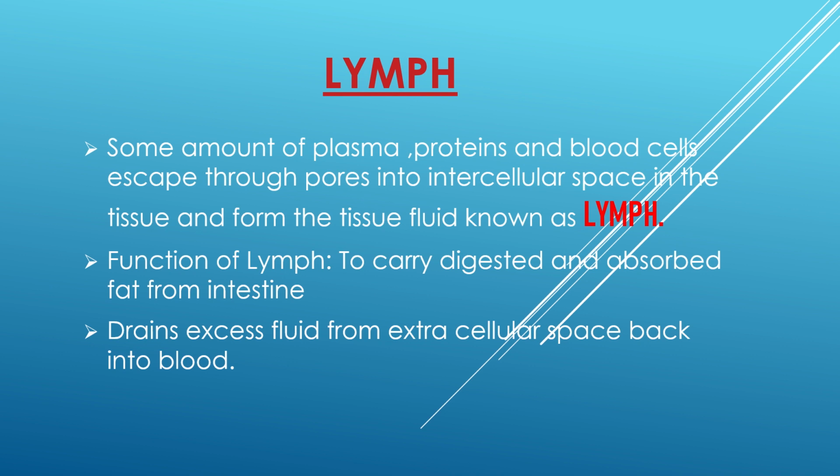Now the next is lymph. What is lymph? From the blood vessels, some amount of plasma, proteins and blood cells escape through the pores and come to the intercellular space between the tissues, and they form a connective fluid tissue, and this connective fluid tissue is known as lymph.